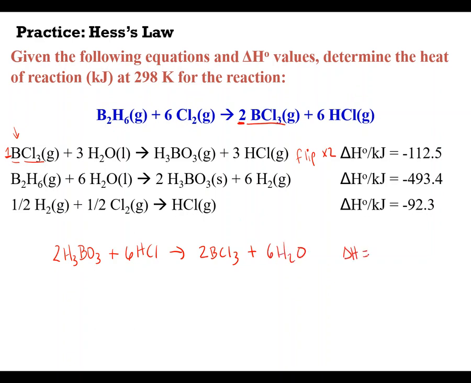Now over here to my delta H, I need to change the sign so it's going to become positive. And then I multiply the 112.5 by 2. And that should give me 225. So here I have a positive 225 kilojoules. So that's the first step.